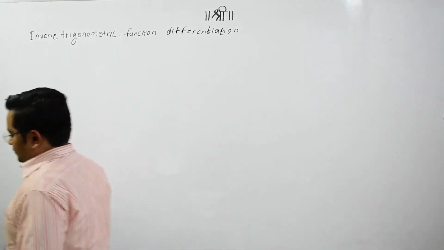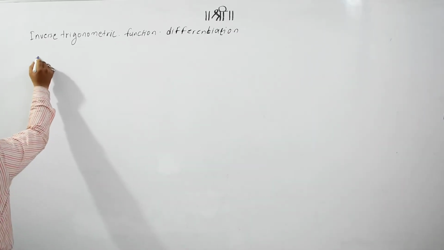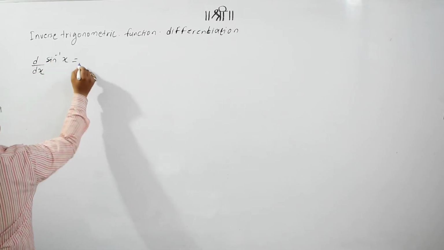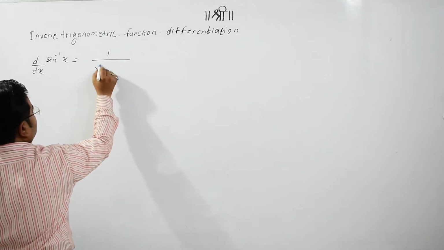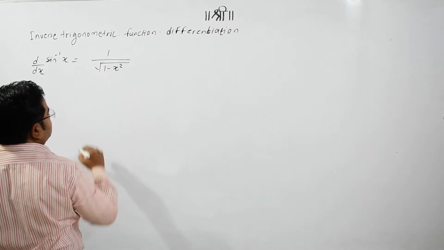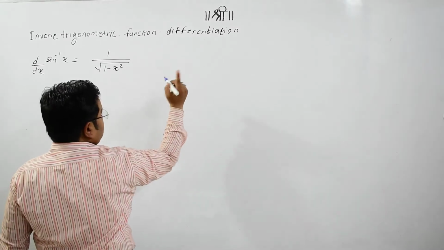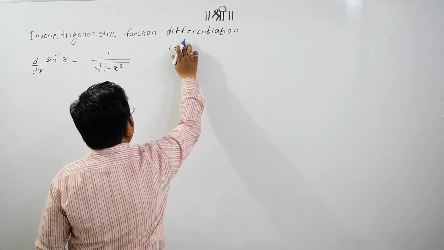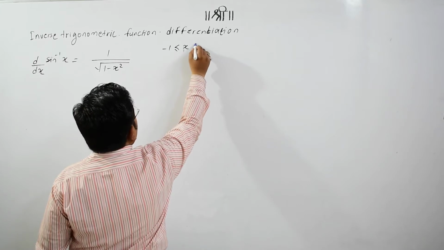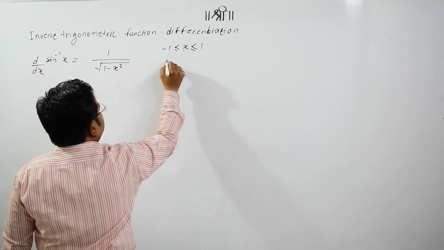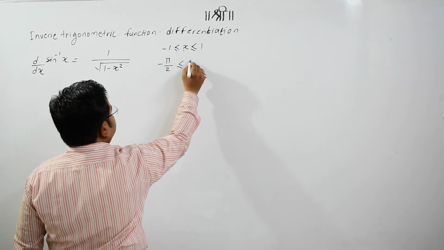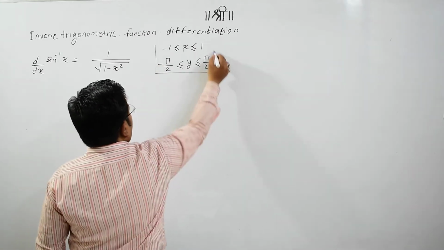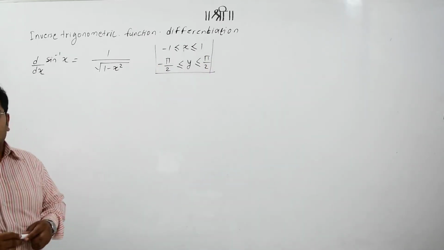So the first formula is what? d upon dx of sine inverse of x is equal to 1 upon under root of 1 minus x square, where the most important boundary conditions are: minus 1 less than or equal to x less than or equal to 1, where y is minus pi by 2 less than or equal to y less than or equal to pi by 2. So this is the most important parameter. Within this parameter we need to fit our equations.